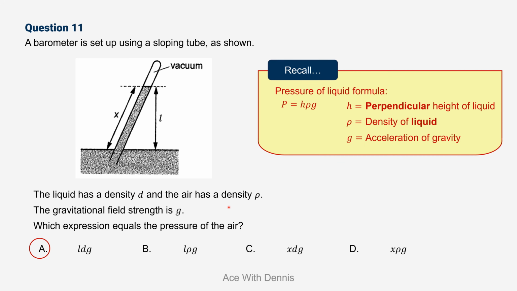So the symbol rho here is used for the density of the air, so we don't use this symbol. Alright, so g is g, and therefore it should be L dg, not L rho g, or X dg, or X rho g. So answer is A.